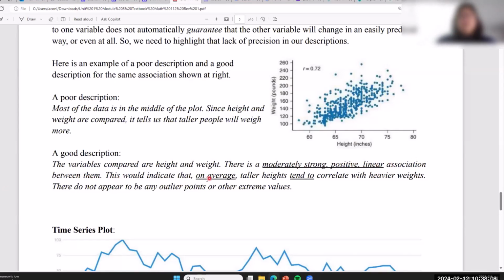This would indicate that on average, taller heights tend to correlate with heavier weights. See the difference in saying taller people will weigh more and just saying that on average, that's going to happen. And there do not appear to be any outliers or other extreme values. Okay. So, I mean, these are closest to being outliers up here, but they're not too far from the group.